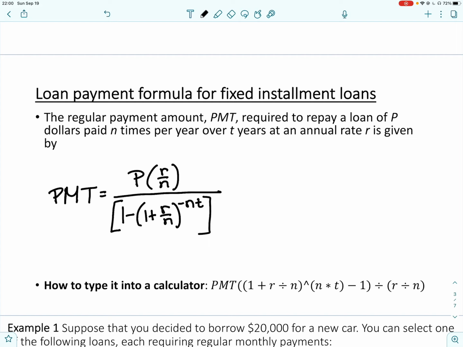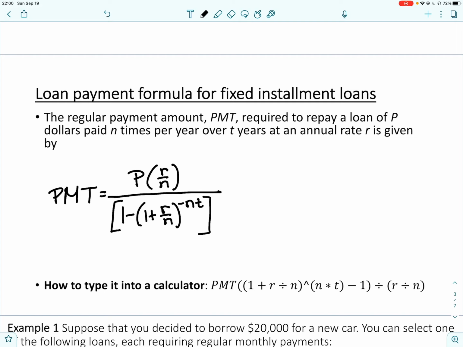And remember, the hard brackets are just another set of parentheses. We have the normal parentheses and then the hard bracket parentheses, just so that we can see that there's multiple sets of parentheses in that denominator.